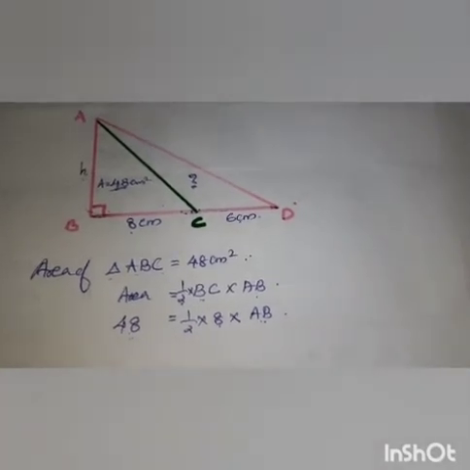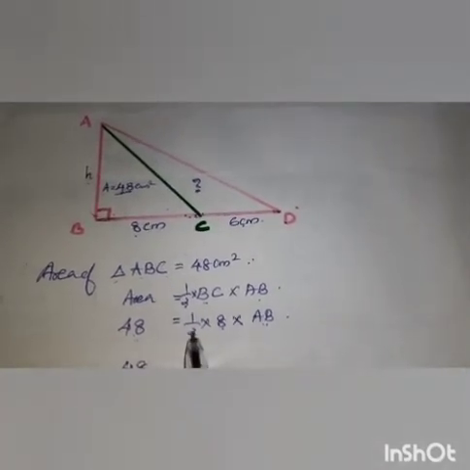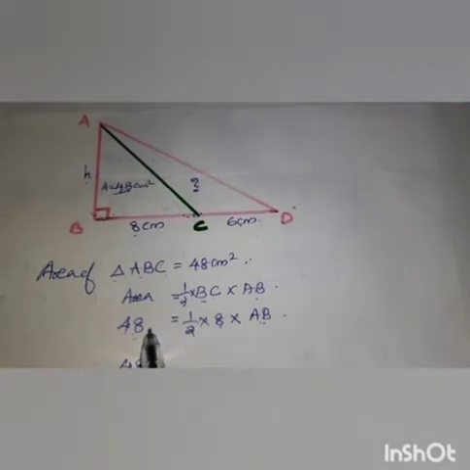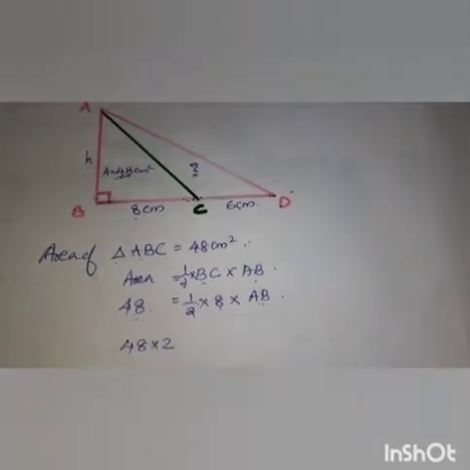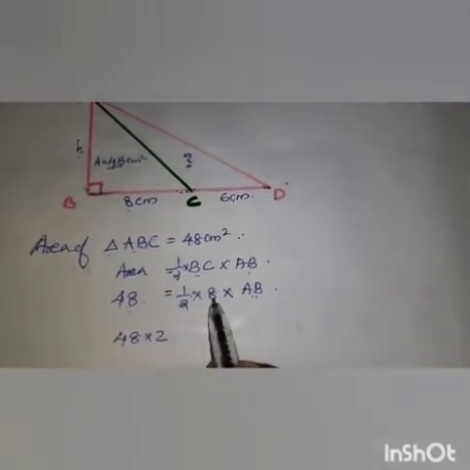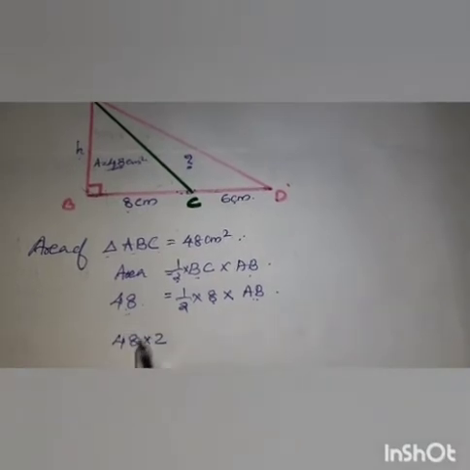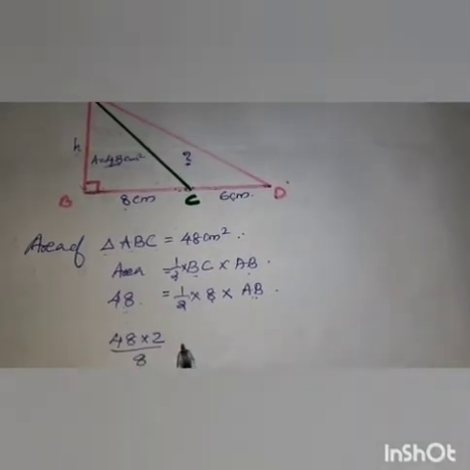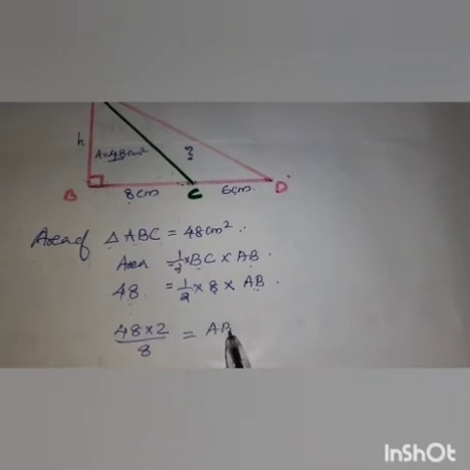So 48, this 2 is divided here, it will come to this side, so it is into 2. Then 8 is multiplied here, so it will come to this side, it is division, so that is equal to AB.